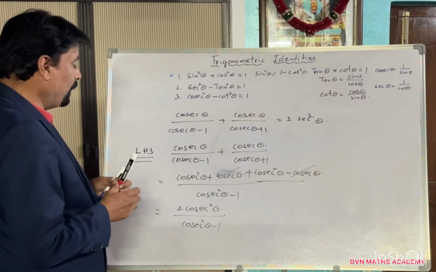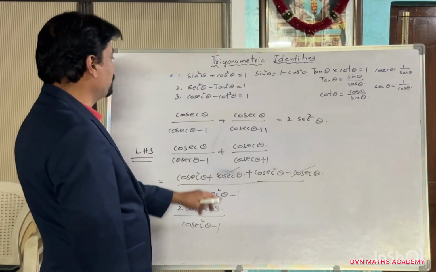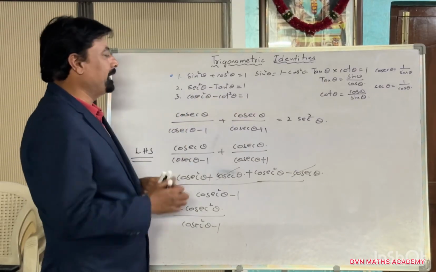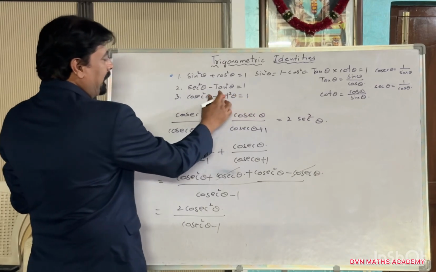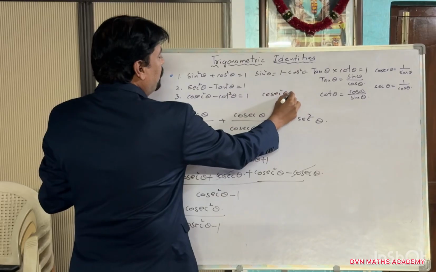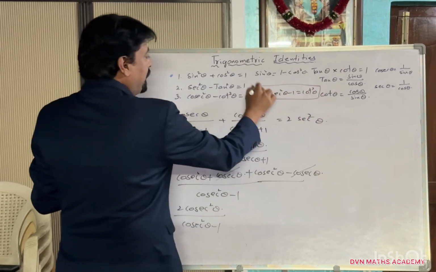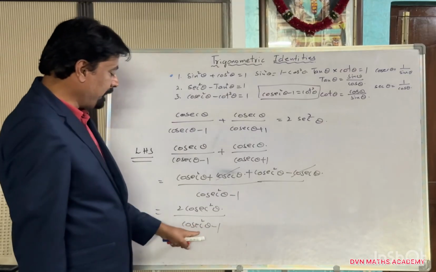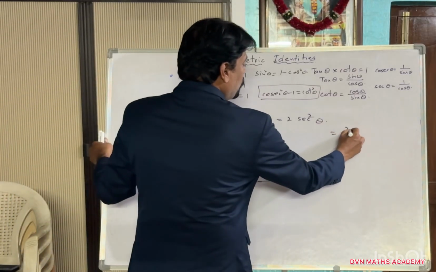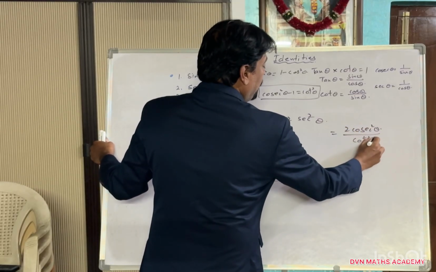Now we require an identity: cosec square theta minus 1 is equal to cot square theta. If you take 1 to this side and cot square theta to that side, you will get that cosec square theta minus 1 is equal to cot square theta. This identity I'm using here. In place of cosec square theta minus 1, I will write cot square theta. Then the next step is 2 cosec square theta by cot square theta.